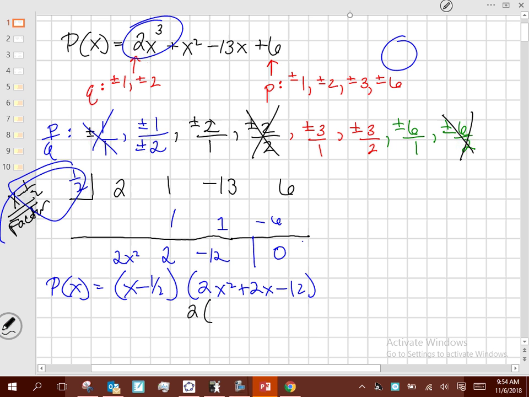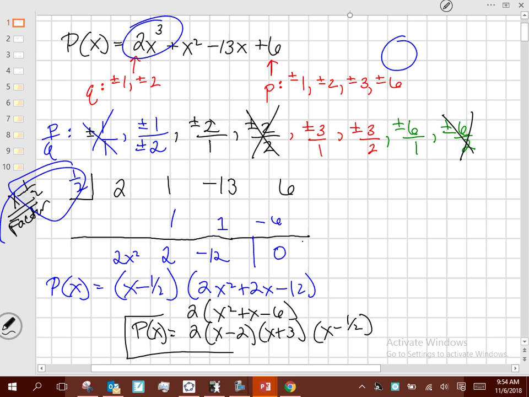Yeah, take a 2 out of everything. Gives me x squared plus x minus 6, right? And that's going to be 2 times (x minus 2)(x plus 3). And then also we have the x minus 1/2, right? And this is all multiplication, so I can rewrite them in any order. But that then provides us our factored version of p of x.